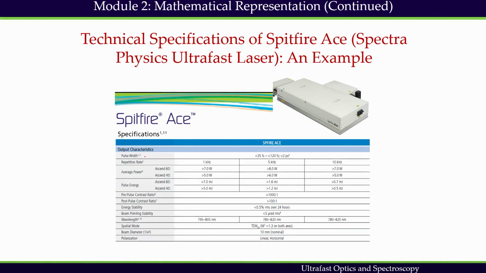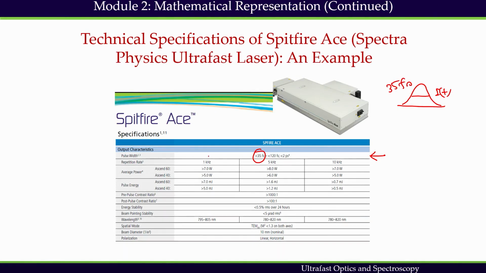So the first specification written here is pulse width, 35 femtosecond. We know what it means. When we say pulse width 35 femtosecond, it is the full width half max of the intensity profile. So this is my intensity profile, and 35 femtosecond is the full width half max of that profile.